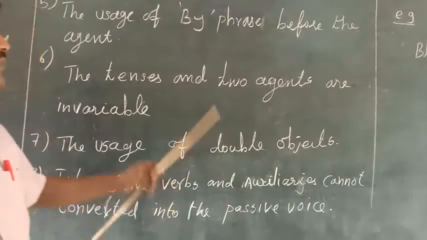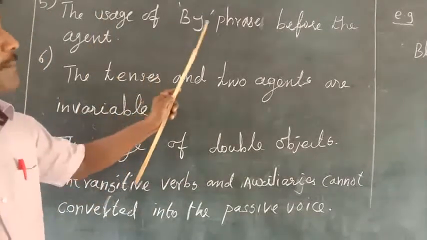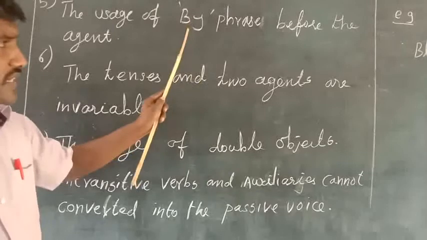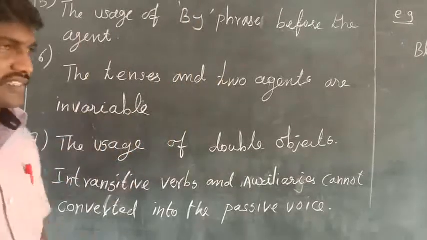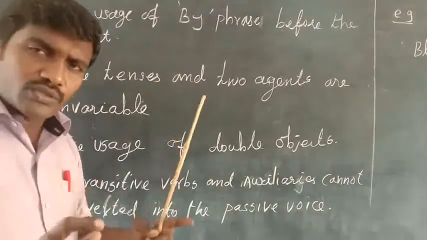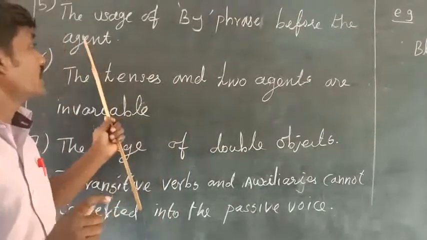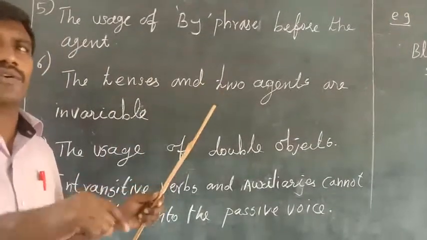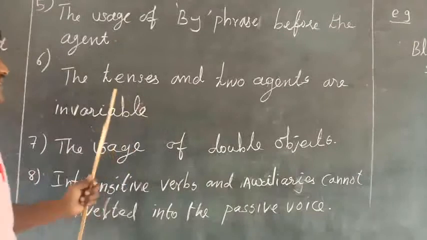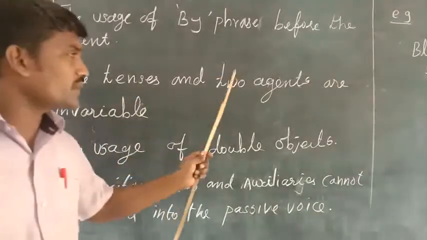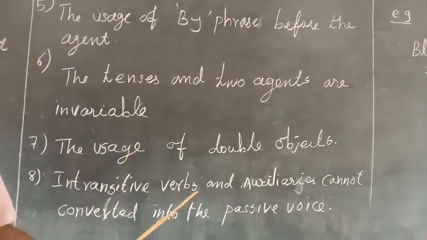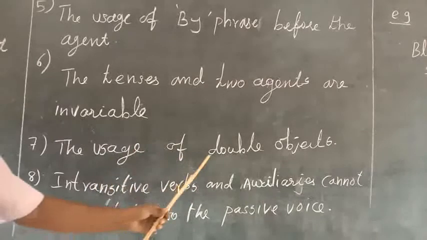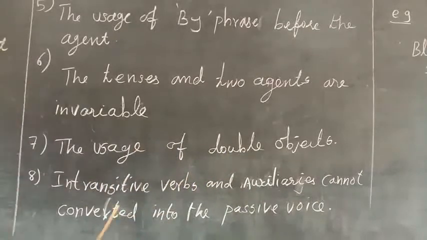Dear children, one more time. The usage of the by phrase: we should use by before the agent, that is the objective pronoun there. The tenses and agents are invariable. The usage of double objects.